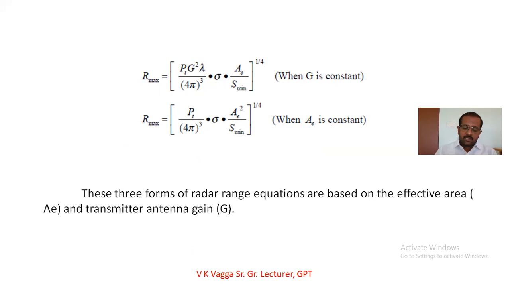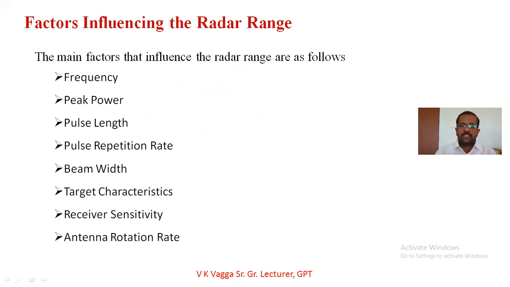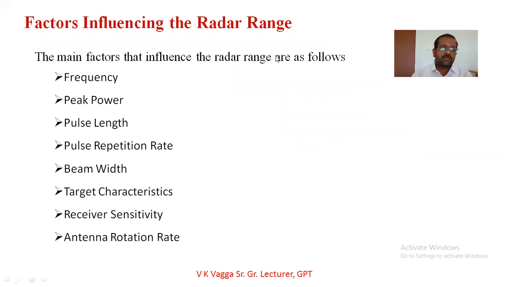Understood? Now the factors influencing the radar range. What are the factors affecting the radar range? The main factors that influence the range of the radar equation are frequency, peak power, pulse width, PRR, beam width, target characteristics, receiver sensitivity, and the antenna rotation rate.